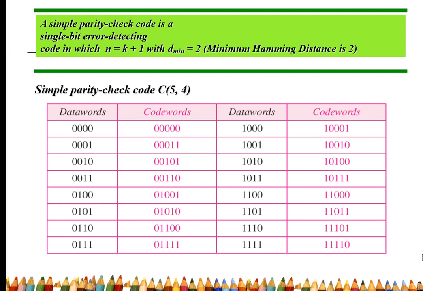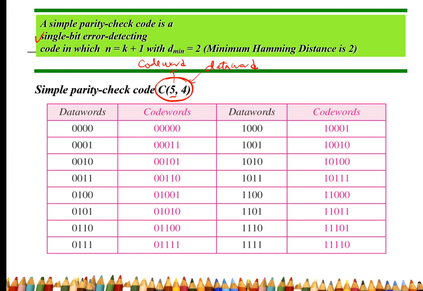There are some rules of the simple parity check code, for example, single bit error detecting. In a single bit error detecting code, we can find out that exactly 1 bit error exists in the received code. How does it work? For example, C(5,4) means 4 is the original data word size, and 5 is the code word size. The code word size increases because it adds 1 bit of error detecting code.